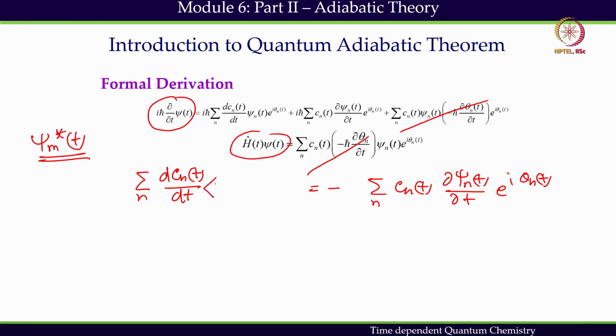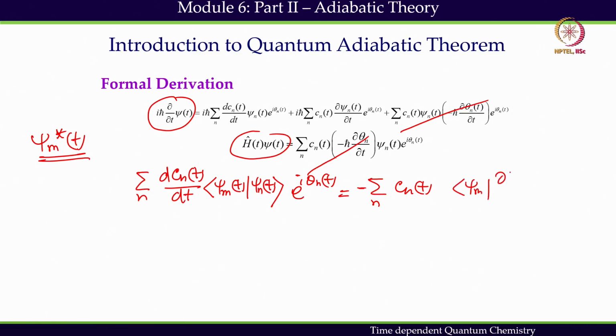I will write it down and then integrate it over the spatial coordinate, which is psi_m(t), then this is going to be psi_n(t) integration, then I have this factor e to the power i theta_n(t), equals, here also I'll do the same thing. I will multiply from the left hand side by this psi_m and then integrate it over the spatial coordinate, e to the power i theta_n(t).